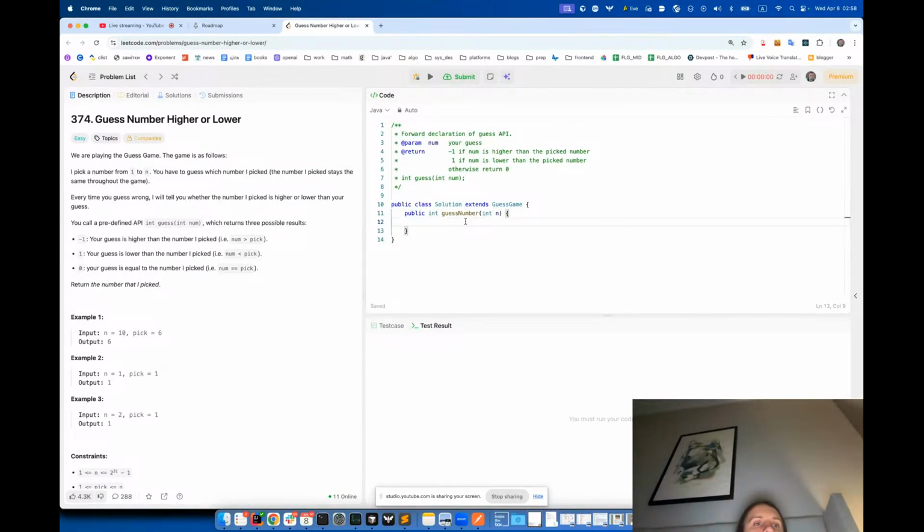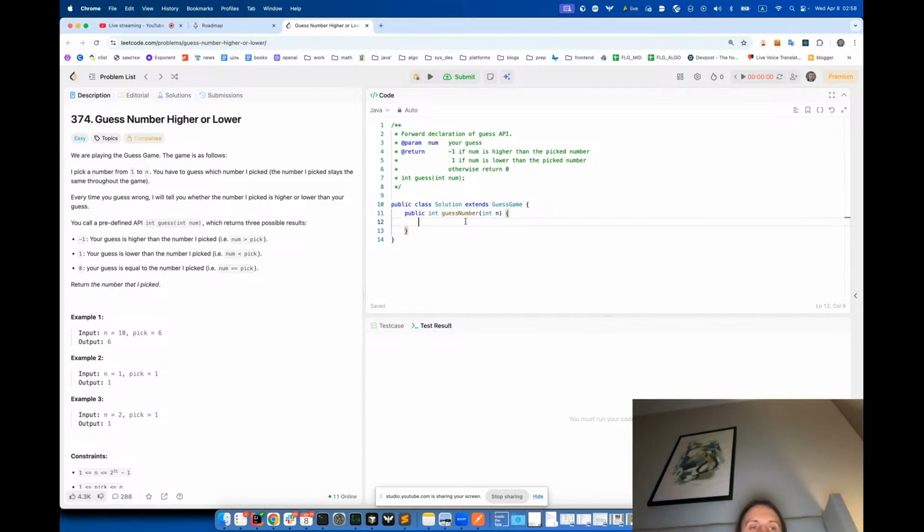Okay. Guess number higher or lower. We are playing the guess game. The game is as follows. I pick a number from 1 to n. You have to guess which number I picked. Every time you guess wrong, I will tell you whether the number is higher or lower than your guess.